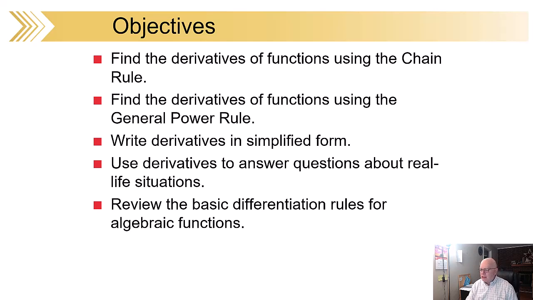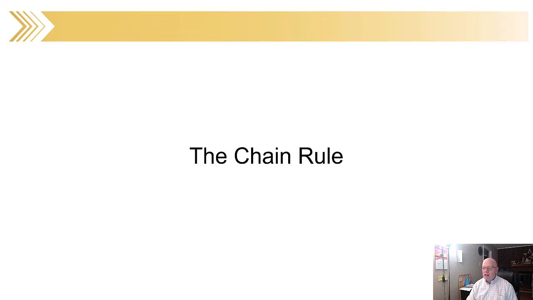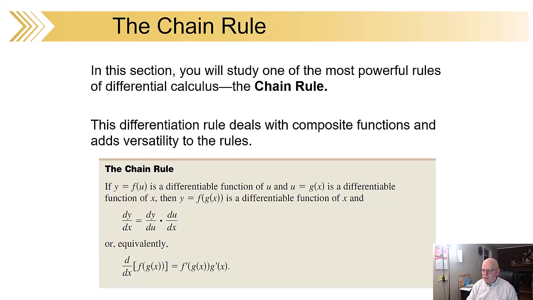And we're going to write derivatives in simplified form, answer real life questions, or at least as close to real life as we can get. And then some basic differentiation rule reviews, the ones that you should know backwards and forwards. So let's get on with the chain rule.